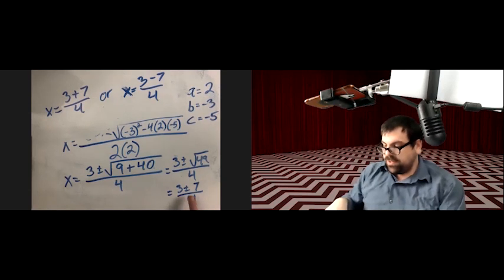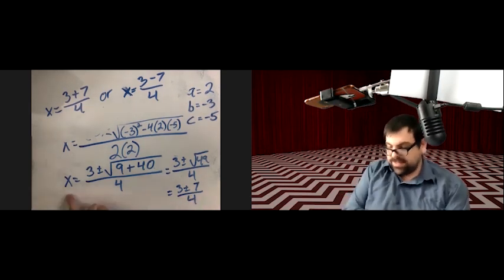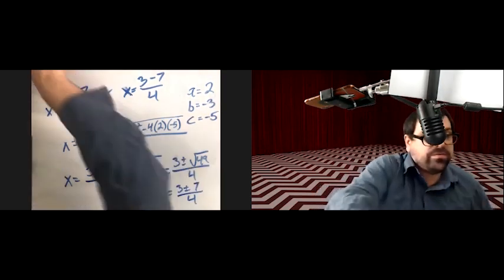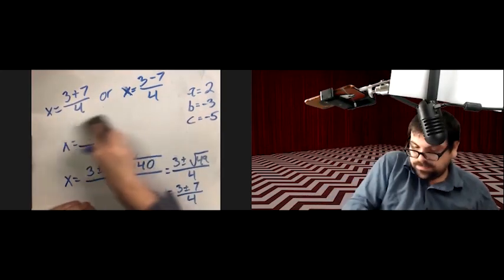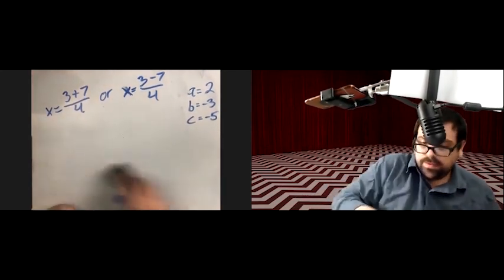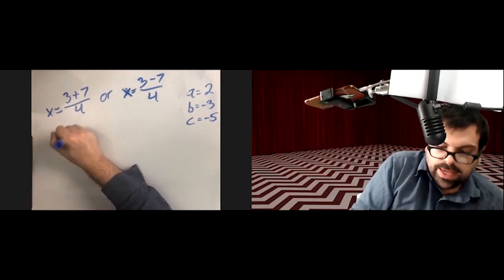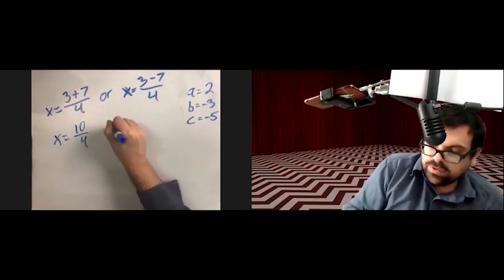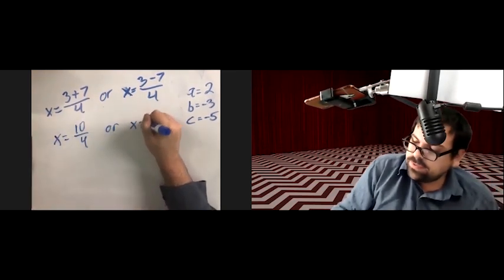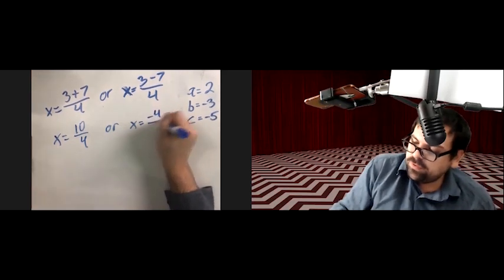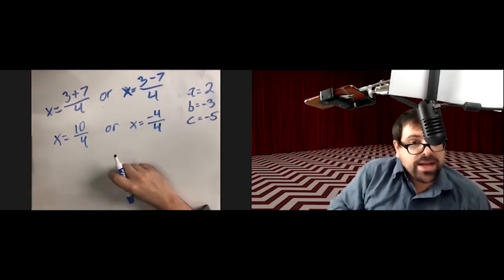X equals 3 plus 7 over 4. X equals 3 minus 7 over 4. X equals 10 over 4, or X equals -4 over 4. Got to be careful with the negatives.